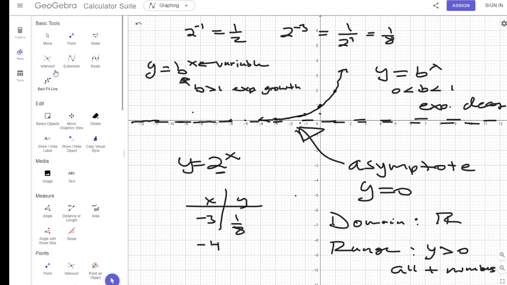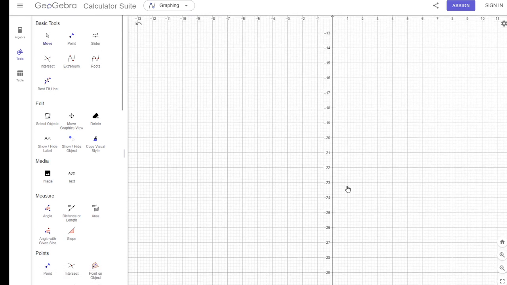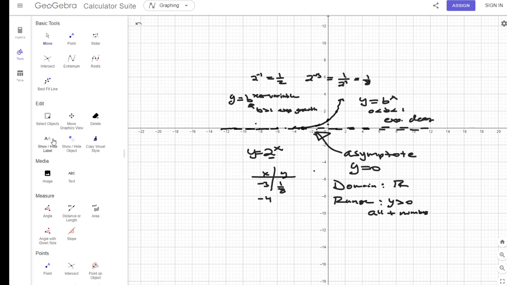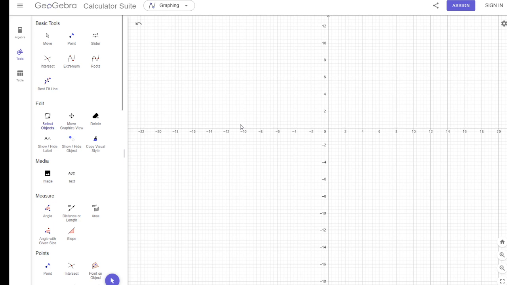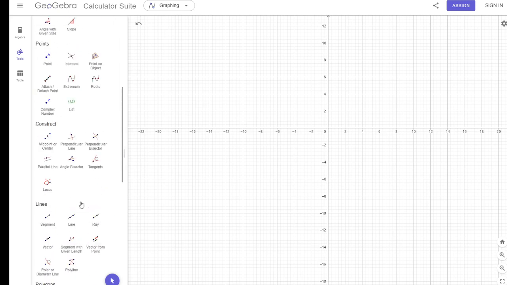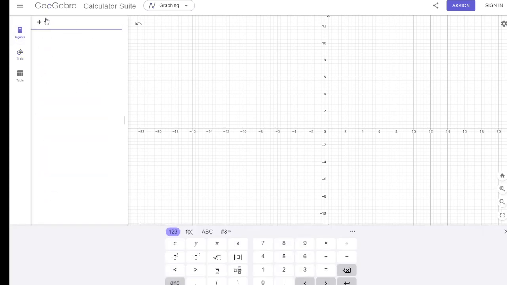All right, let's move this up. And actually, maybe let's do another table, another graph. Let's clear all this. All right, so let's do another one. And by the way, if you want to see the actual graph, y equals 2 to the x.